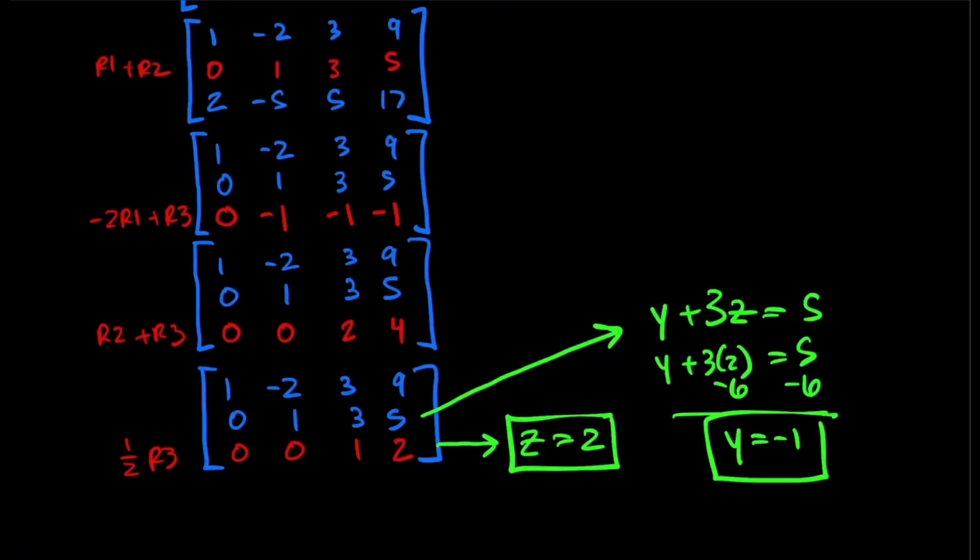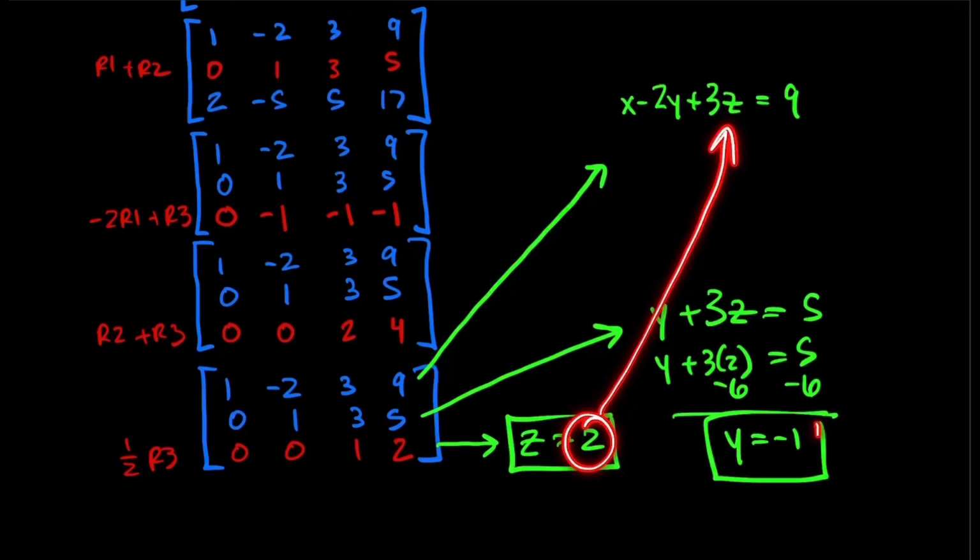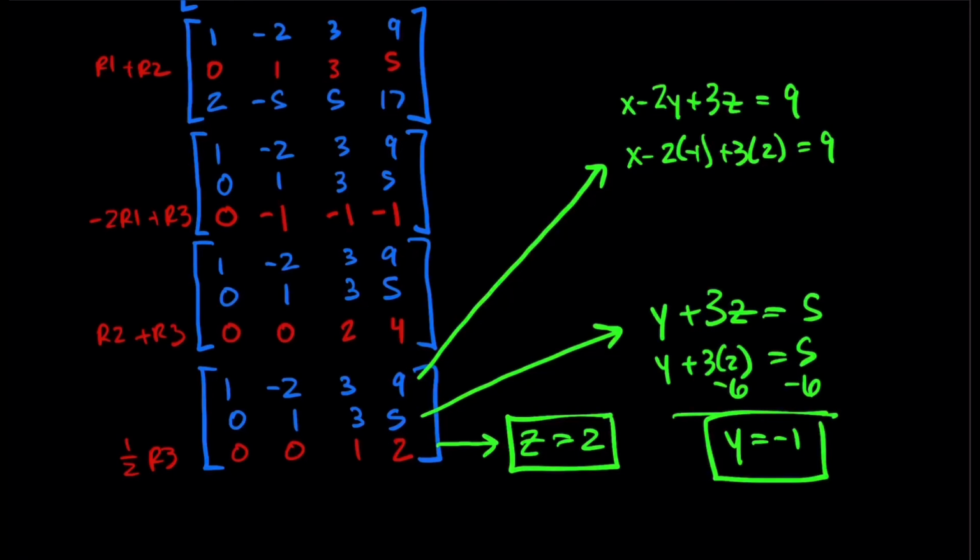Awesome. And now lastly, I'm going to take this equation, which is x minus 2y plus 3z equals 9. And I'm going to plug in 2 for the z and -1 for the y and solve that. X minus 2 times -1 plus 3 times 2 equals 9.